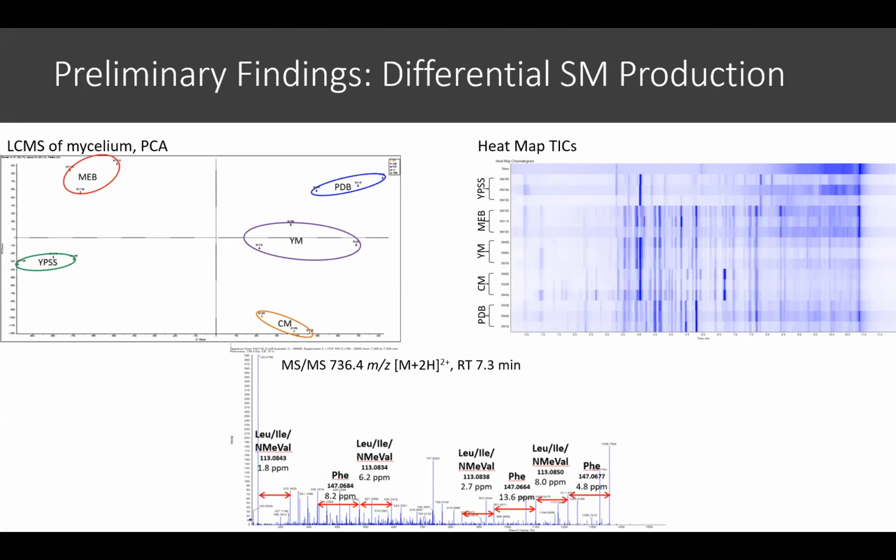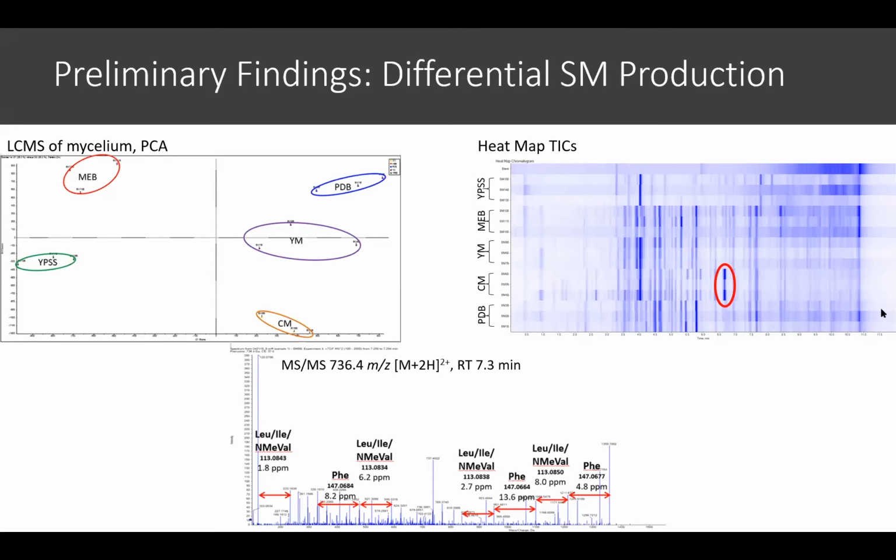And then I have a heat map on the right there that also indicates these similarities and differences, where the darkness of each band indicates the observed intensity of a compound, and bands that align vertically indicate the presence of that compound either between media types or between replicates of a given media. So for example, we have a compound like this one here that is shown to be produced in abundance in just the cornmeal extracts, but is not abundant in any other media type.